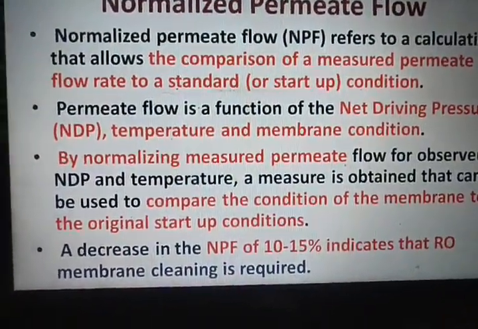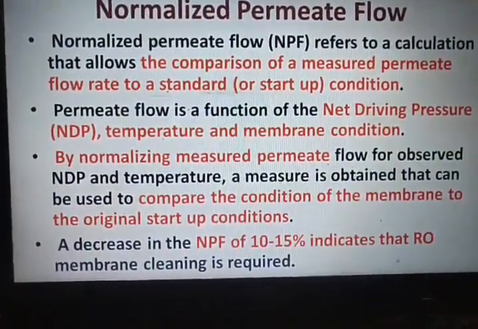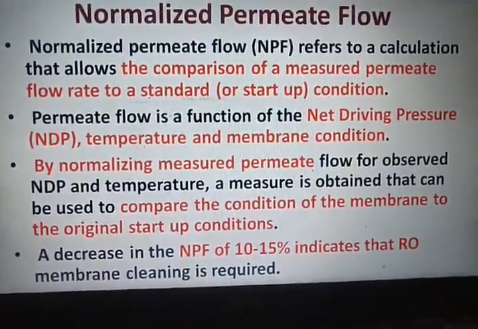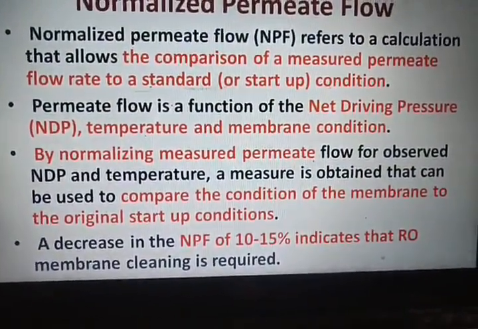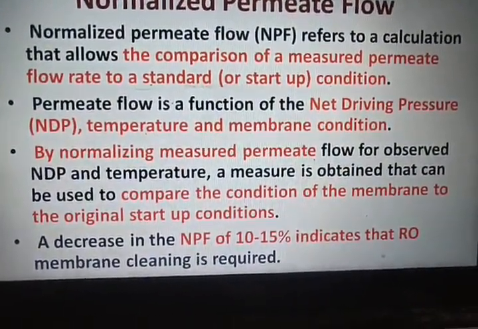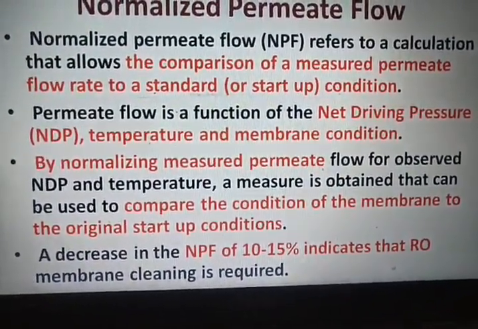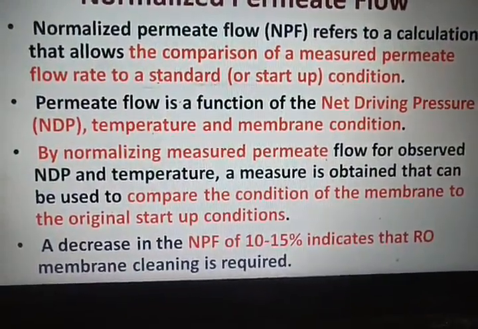Then we have this term called normalized permeate flow. Normalized permeate flow refers to the calculation that allows the comparison of a measured permeate flow rate to a standard operating condition. That means when you begin the membrane process under normal operating conditions of temperature and pressure, you will have a normal flow.